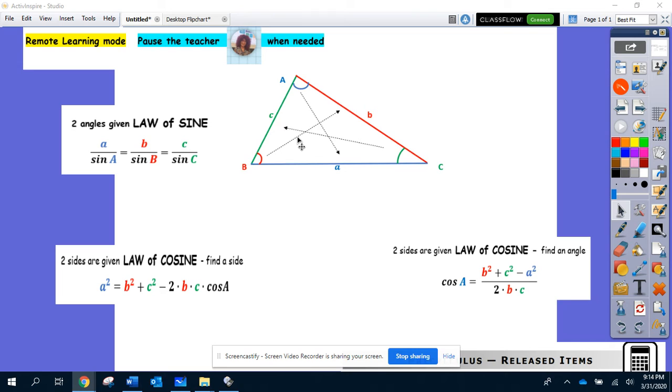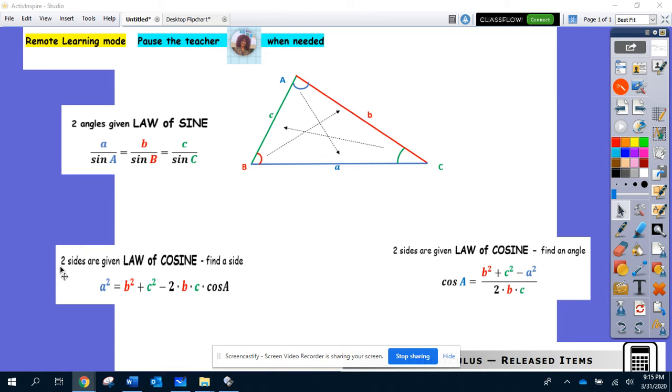The second thing that you should remember is when two angles are given in the problem, you always apply the law of sine to find the measure of the other sides.